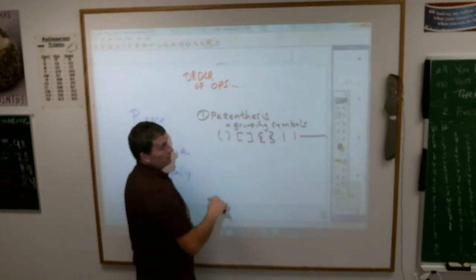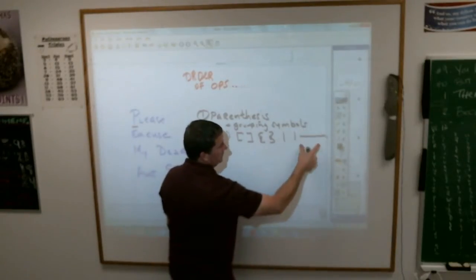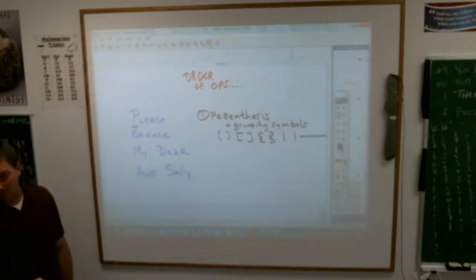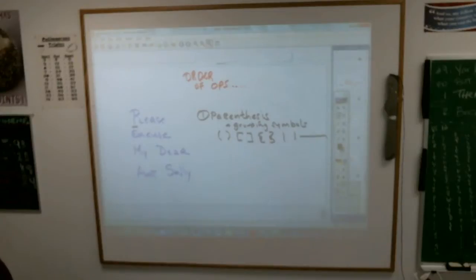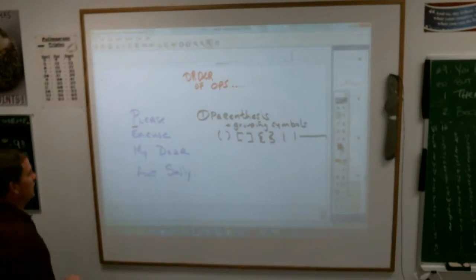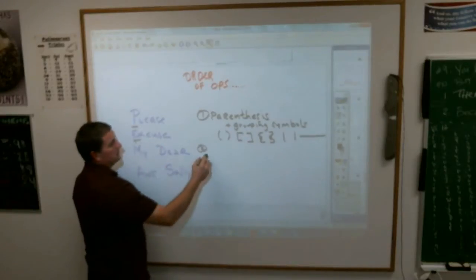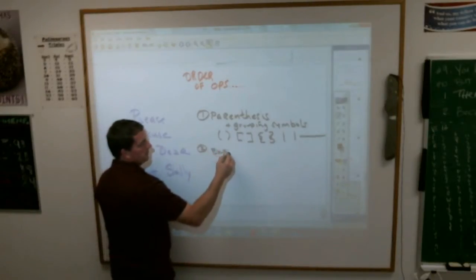A fraction line is a grouping symbol where you do the top and then you do the bottom and then you do whatever's left there. The letter E, step number 2, is exponents and roots.